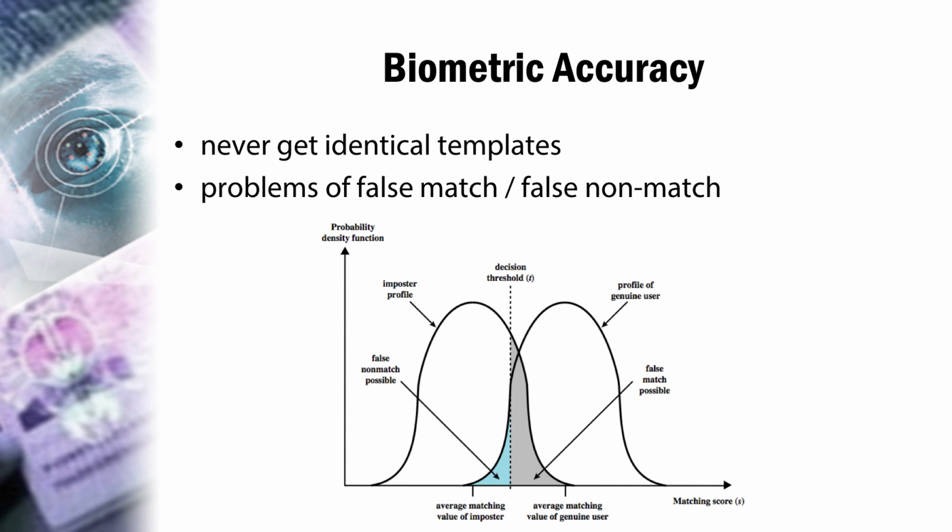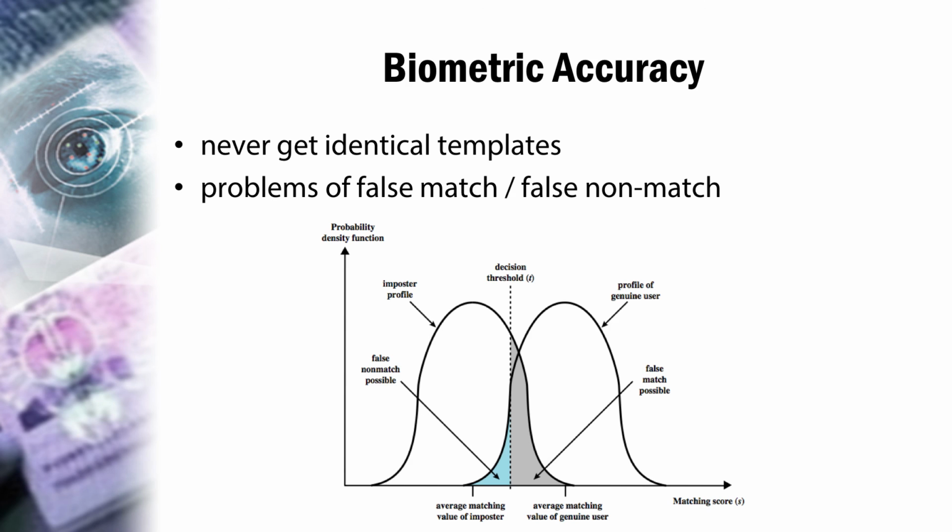In Figure 3.8, a threshold value T is selected so that if the presented value S is greater than or equal to T, then a match is assumed, and for S less than T, a mismatch is assumed. The shaded part to the right of T indicates a range of values for which a false match is possible, and the shaded part to the left indicates a range of values for which a false non-match is possible.